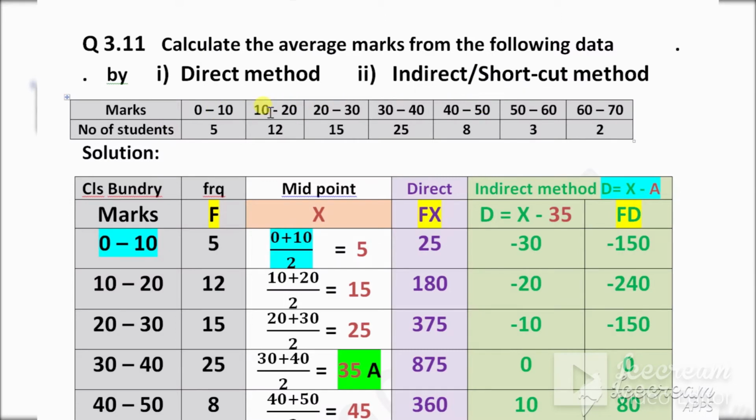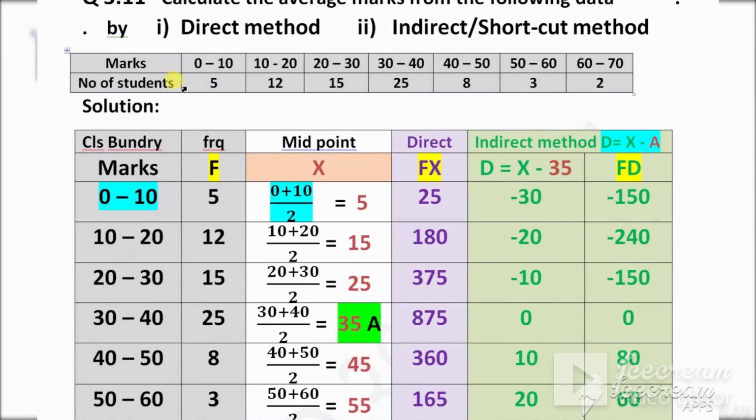When class boundaries or class limits are given, it is called grouped or continuous data. So always write the question's data as it is in the first two columns. Then the next columns you will calculate according to the formula or our requirement.